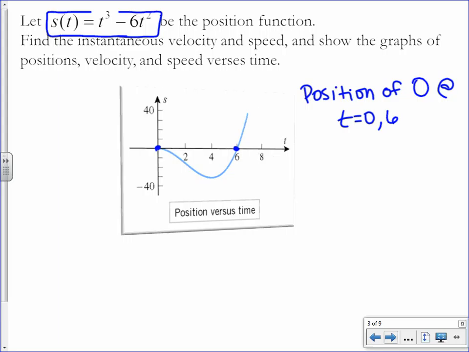Now, if I ask you when is it moving to the left, what would you tell me, Aaron? 0 to 6. No. Do you disagree or agree with Aaron? I disagree. Let's go from 0 to 4.